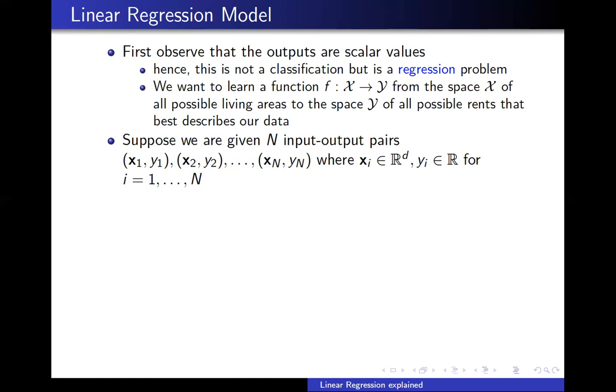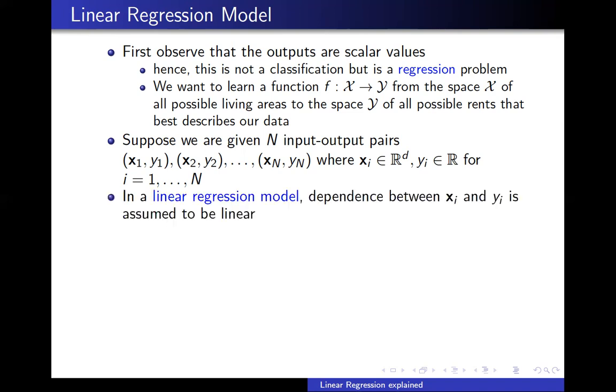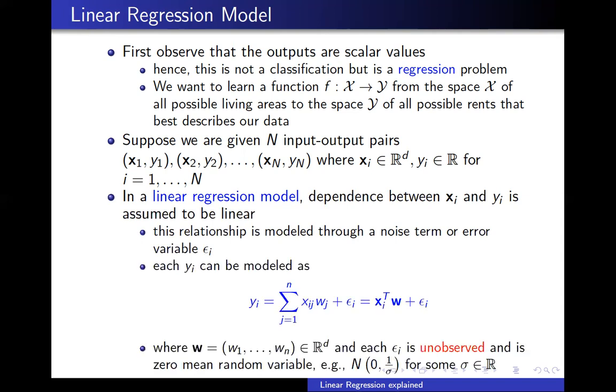In general, we'll formalize this as follows. We represent x by all the possible covariates or features, and y is always a scalar. The relation between x and y that we hope to learn is a linear model, and that's how the linear term comes into the linear regression model. This relationship can be modeled through a noise term or error variable epsilon i.